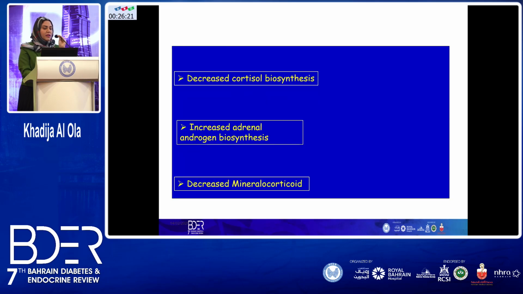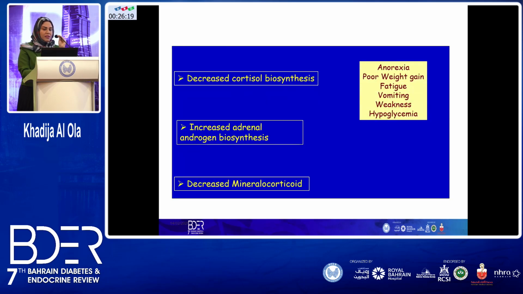Decreased cortisol biosynthesis can cause anorexia, poor weight gain, fatigue, vomiting, weakness, and hypoglycemia. Increased adrenal androgen can cause virilization in females. Decreased mineralocorticoid leads to dehydration, hyponatremia, and hyperkalemia.